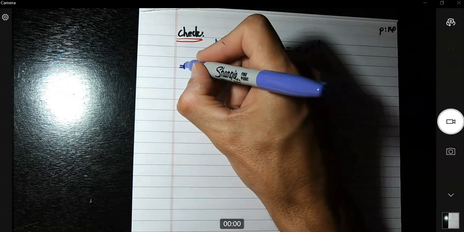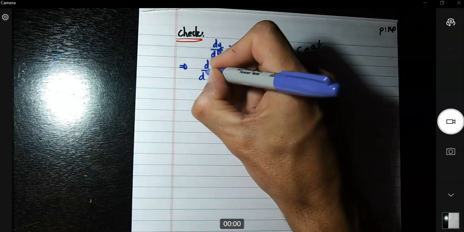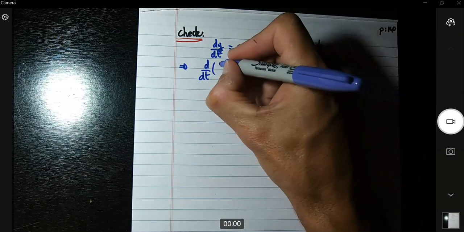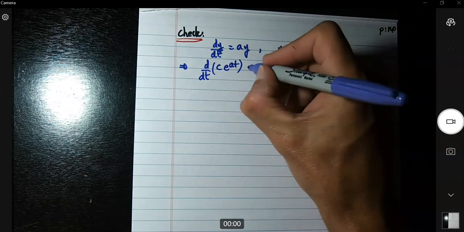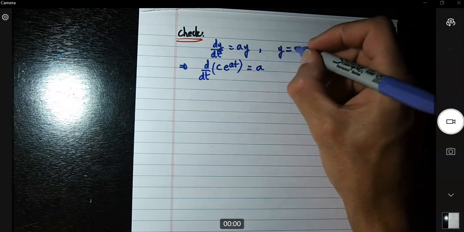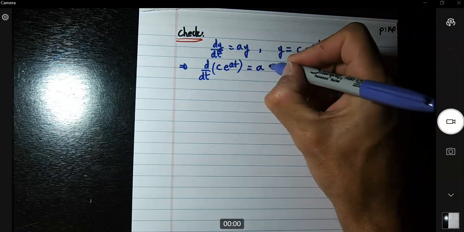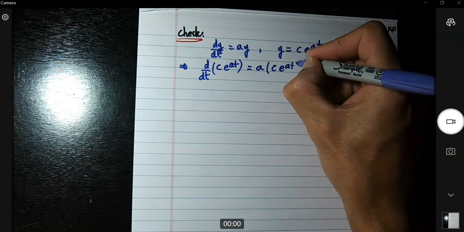If we look at this side, we have d/dt of the assumed solution, c exponential of at, and this needs to be equal to a times y, which is c exponential of at.